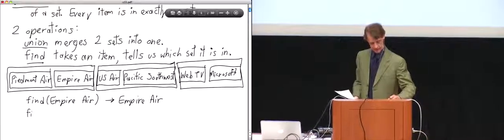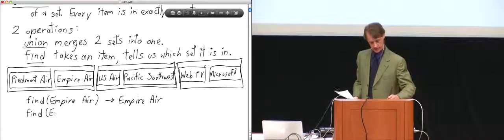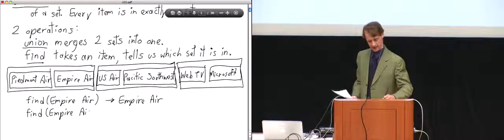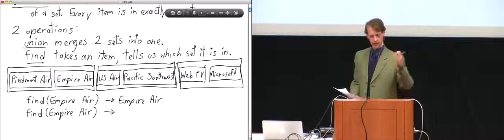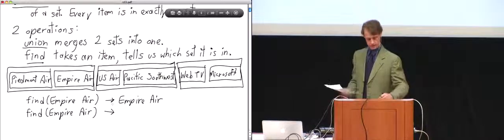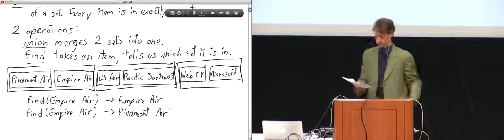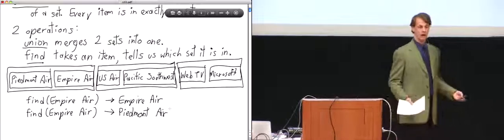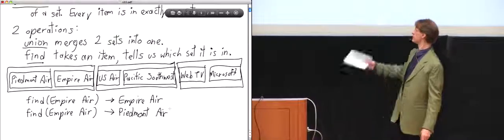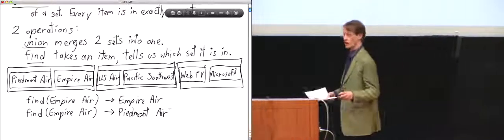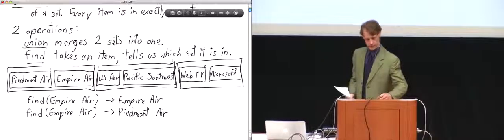So now that I've done this union operation, if I do a find on Empire Air, exactly the same operation I did before, now it's going to return a different answer. It's going to say, I am part of a hive mind called Piedmont Air. And then later on, you can do another union operation, because as it happens, years ago, US Air did take over Piedmont Air.